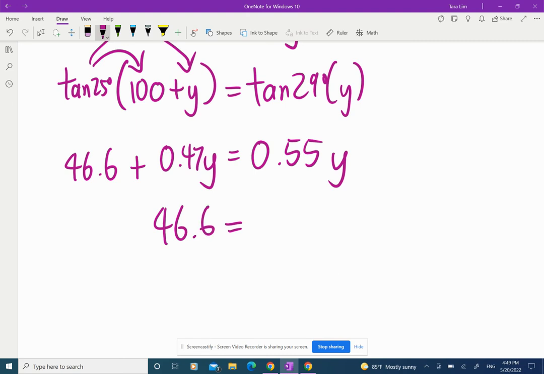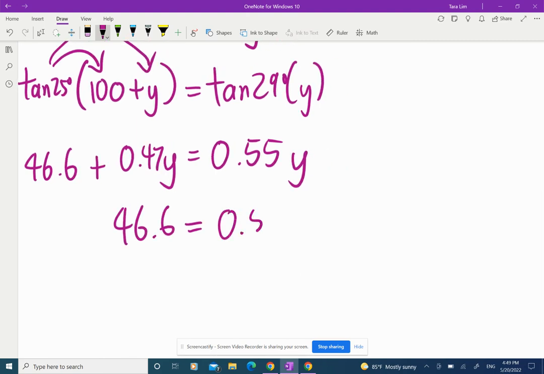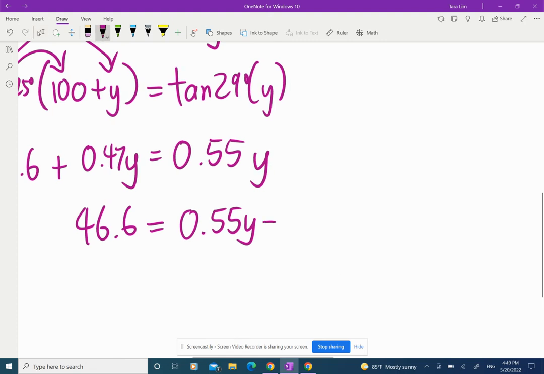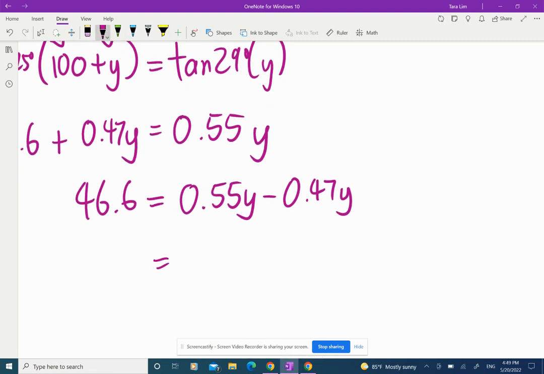Okay, and now I'm going to leave the 46.6 here, and I'm going to subtract the other variable. You'll notice that from this, I went to this side, so I'm subtracting it. Also just note, on the calculator this is just a rounded number, it's not the actual number.